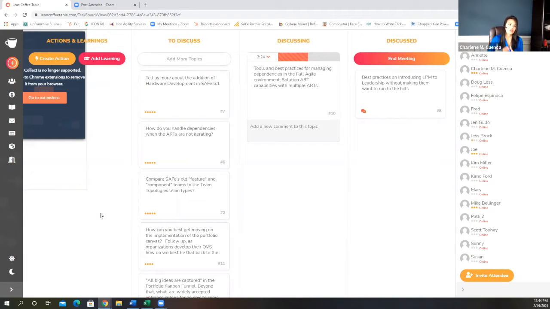And then we can start leveraging our tooling to make sure that we can maintain those connections as we go into executing, whether it be a solution train or a single Agile release train. But I think making sure that we're utilizing the Kanban systems to make things visible and identifying the dependencies ahead of time is definitely a best practice, regardless of which tool you choose to use to visualize all of this.